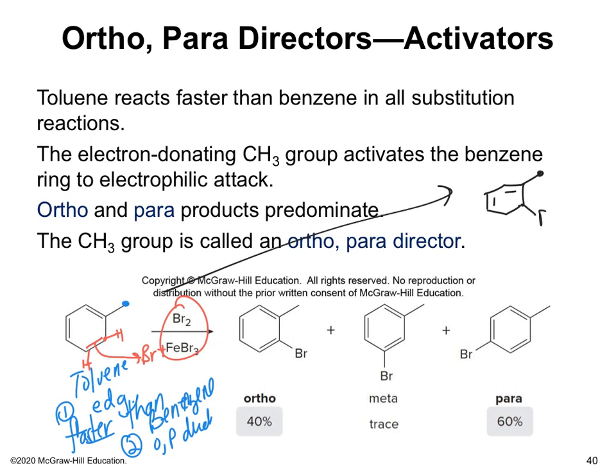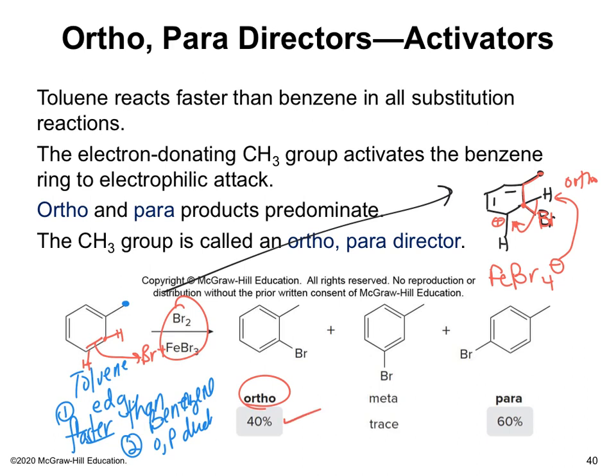adds ortho. So now we do have to care about which carbon we put the bromine on. So you can see that this bromine is 1,2 to the methyl group. So that's ortho. So that is okay. This is your sigma complex. And then iron bromide will deprotonate this hydrogen to do the rearomatization.